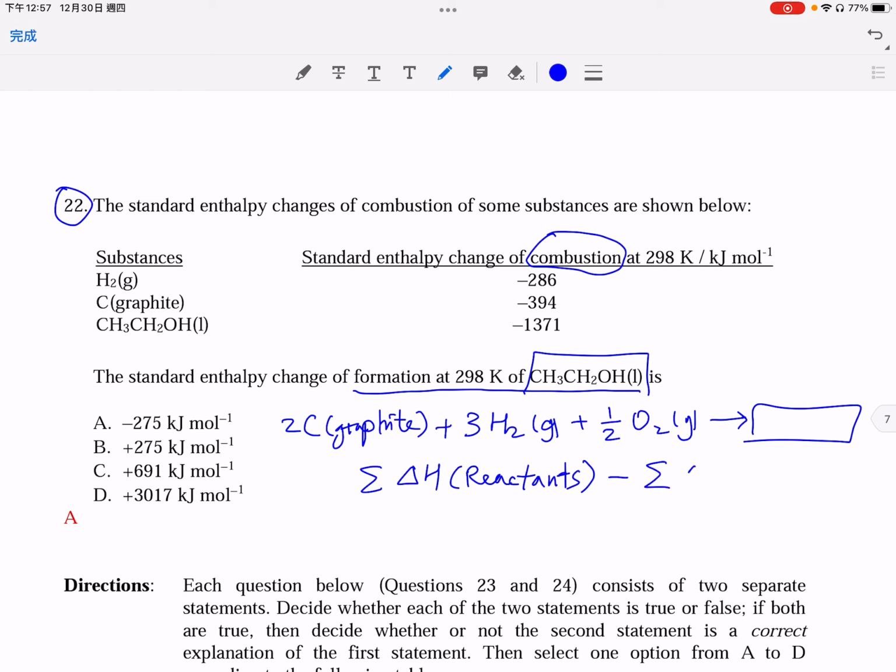In short, summation of delta H of reactants minus summation of delta H of products. So bear in mind you have to consider the coefficients in the equations. So you may write the expression like this.